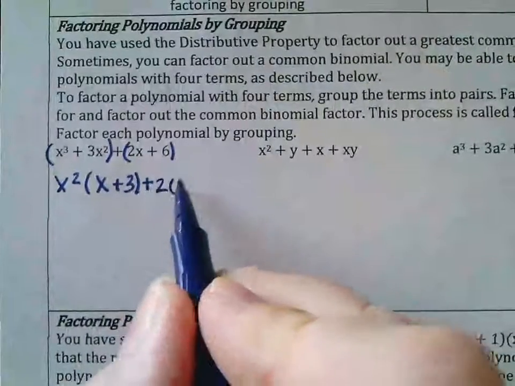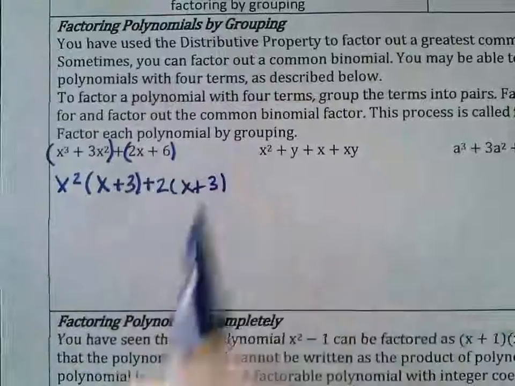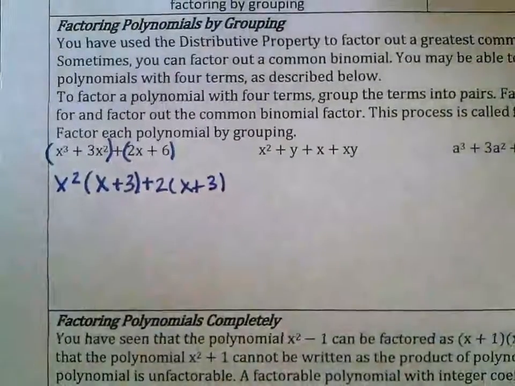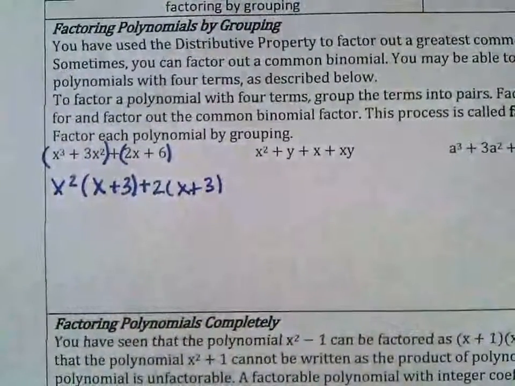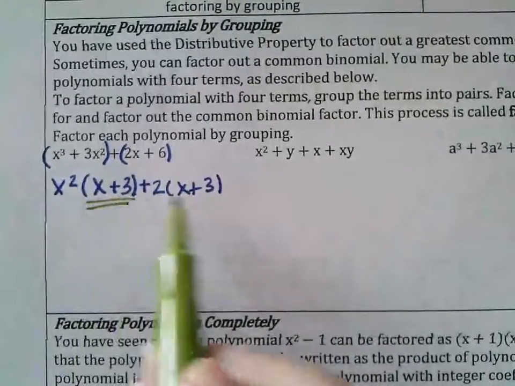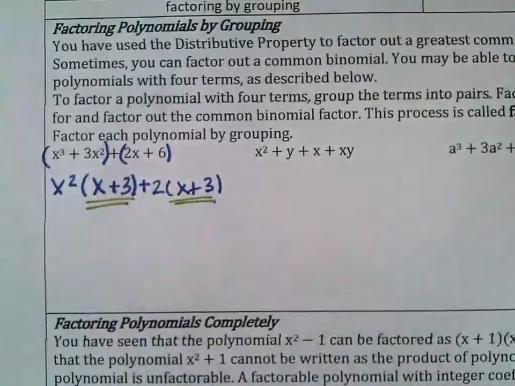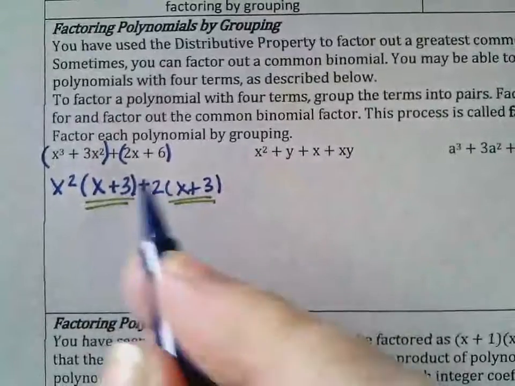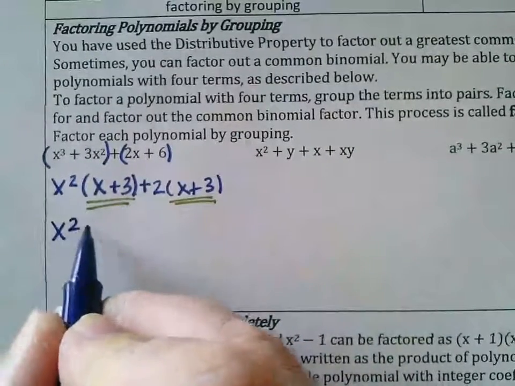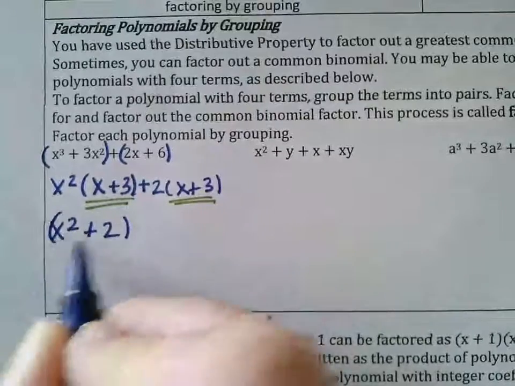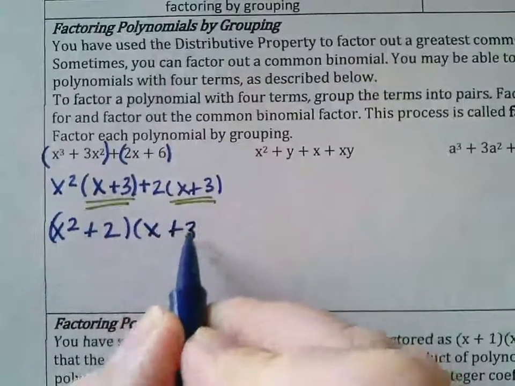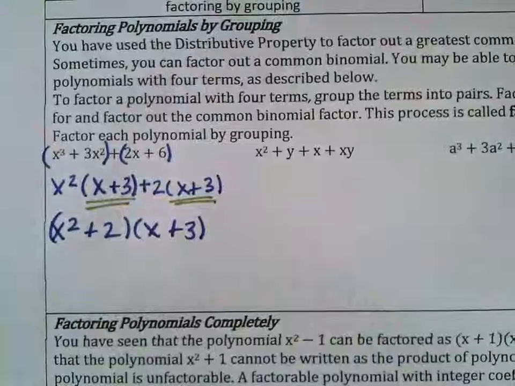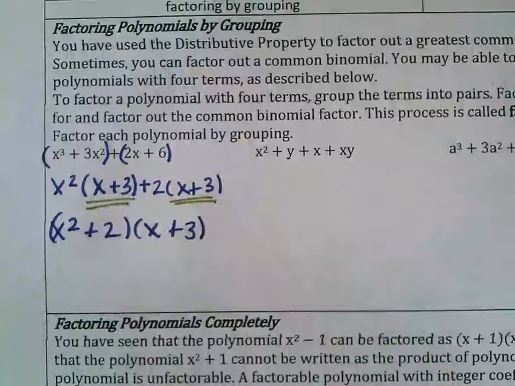So pull out the 2, and you're left with x plus 3. And then I want you to notice that you have an x plus 3 and an x plus 3. Well, that right there is what they have in common after you pull them out. So x squared plus 2 times x plus 3. And you're done factoring. It's actually kind of fun.